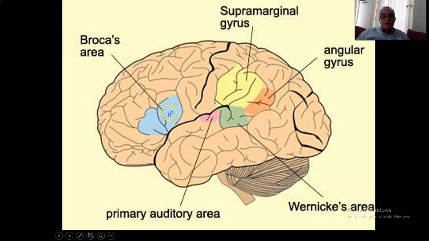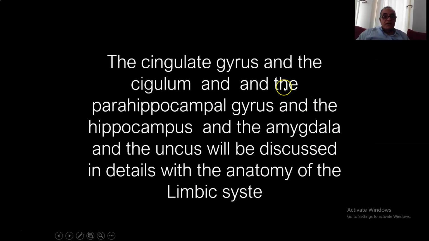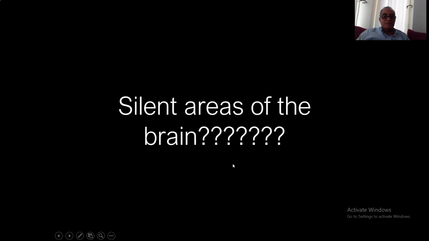Last time, Broca's area, supramarginal, angular, Wernicke's, primary auditory area, primary visual area, visual association area. The cingulate gyrus and the cingulum, the parahippocampal gyrus and the hippocampus, the amygdala and the uncus will be discussed in detail with the anatomy of the limbic system.